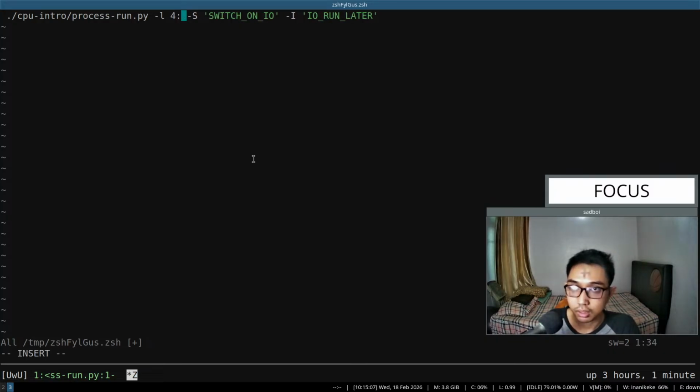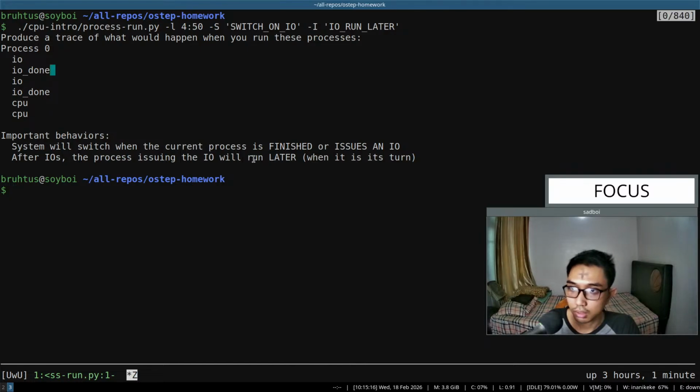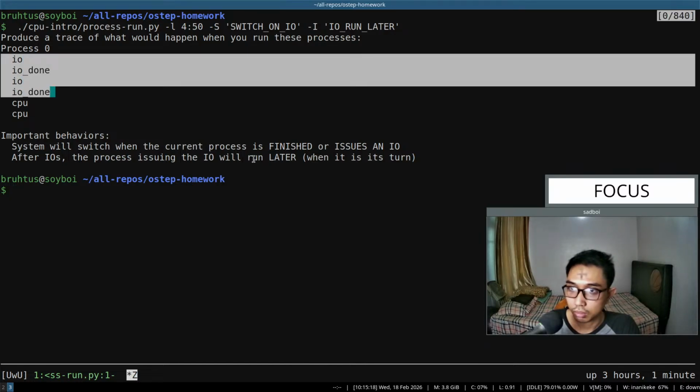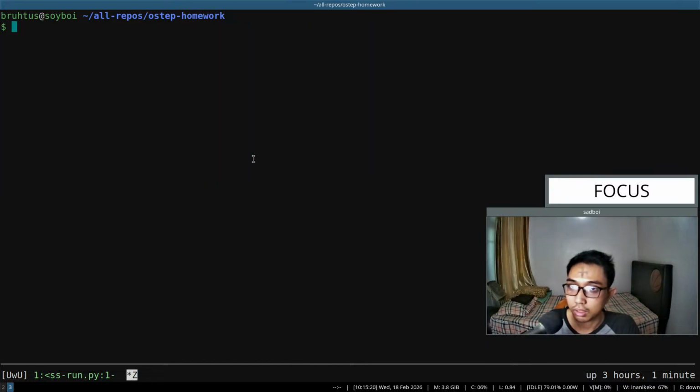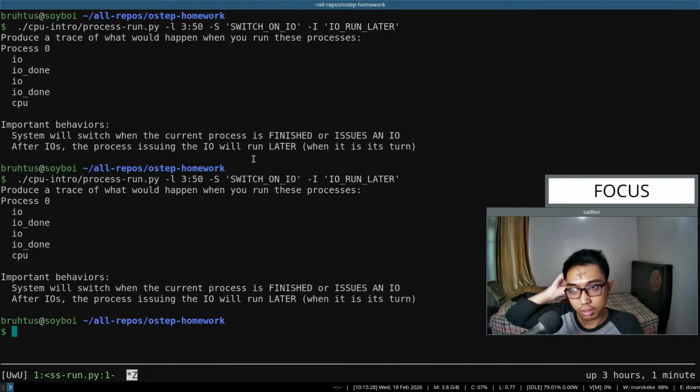Let's do this instead first. We have 4 and then 50. Okay. Input, output, CPU. Okay. Now if we have 3, okay. Oh.